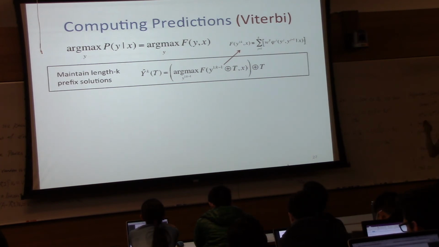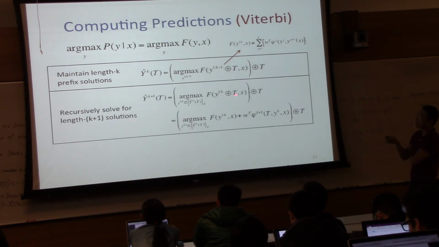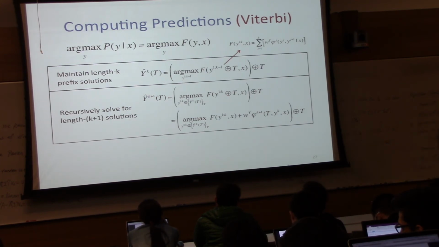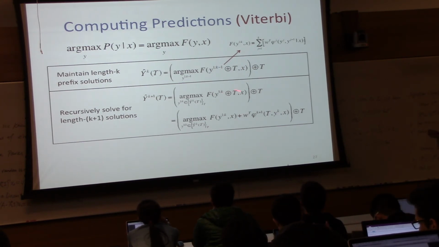And so you maintain the length k prefix solutions, right? And then you recursively solve the next one. So if you have the length k prefix solutions, for length k plus 1, you try adding some token. So this could be noun, verb, determiner, whatever. And then you compute the additional score. So how much does the score increase if I add this token?